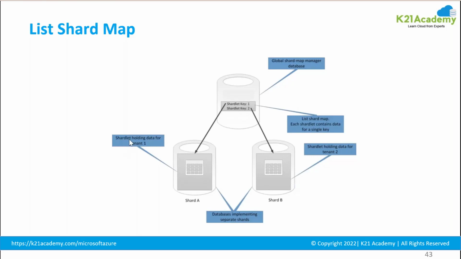Here you can see a shardlet holding the data for tenant 1, that is key 1, and this is holding it for key 2. Each shardlet will contain data for just a single key, and this can basically be used for multi-tenant applications. So if you have multi-tenant applications, this kind of sharding pattern is good for them.